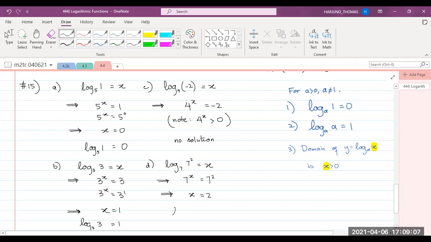Therefore, log base 7 of 7 squared is equal to 2. In other words, log base a of a to the n is equal to n, for any positive base not 1.